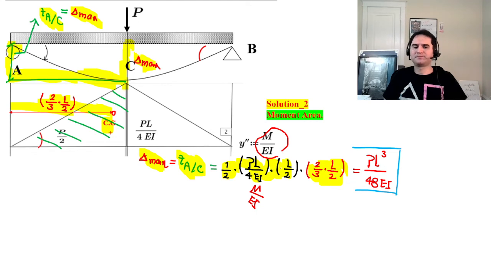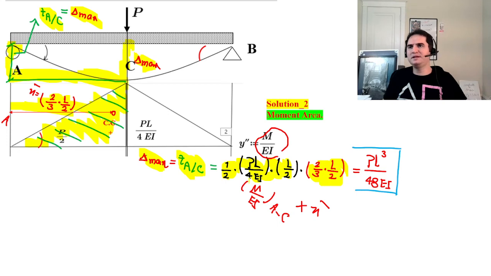And that's M over EI from A to C times X bar, and that's our X bar from A, centroid to A. That's half of the area under a triangle, which is a triangle from A to C, that's here.